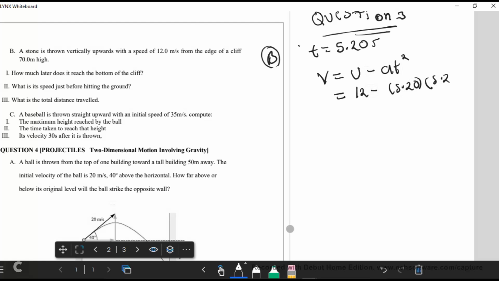The acceleration, sorry. The acceleration is 9.80, and the time is 5.20, which is squared. So let's calculate what you have in the equation.